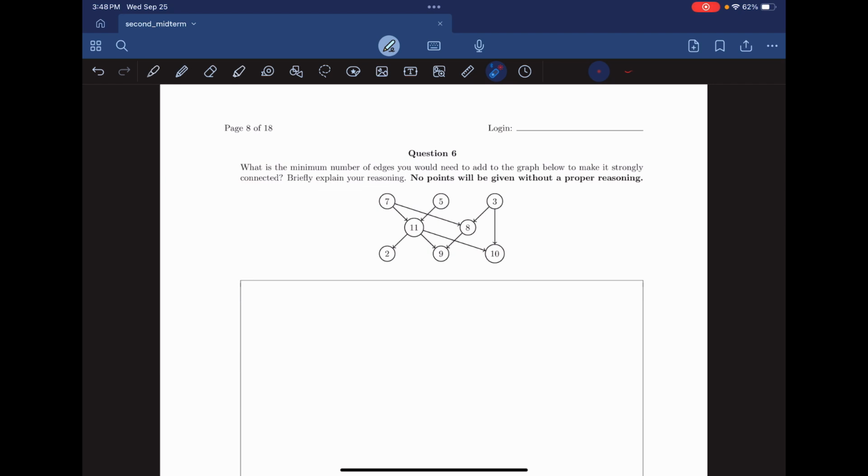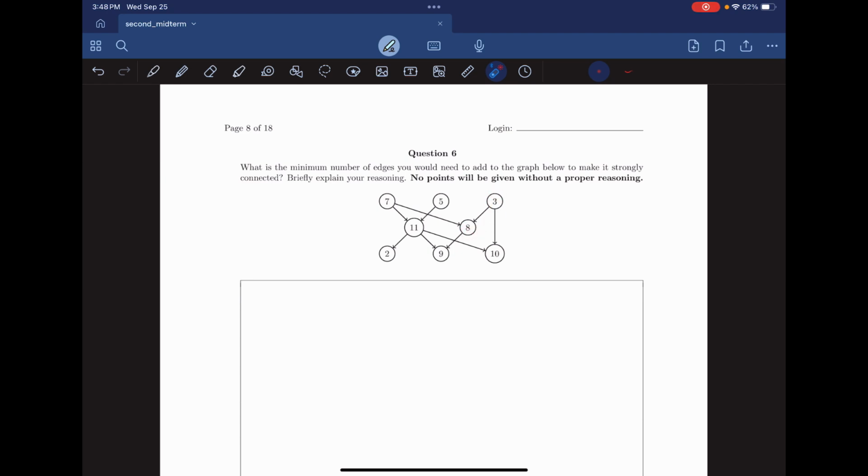The thing to keep in mind is that strongly connected is usually a concept associated with directed graphs, because, for example, in this graph, 3 is connected to 8, but 8 and 3 are not strongly connected because 8 has no way to go to 3. 3 can go to 8 by just traversing this edge, but there is no path in which, if you're starting at 8, you could ever get to 3, because 3 has no edges that go into it.